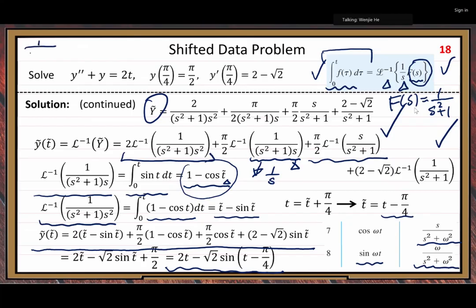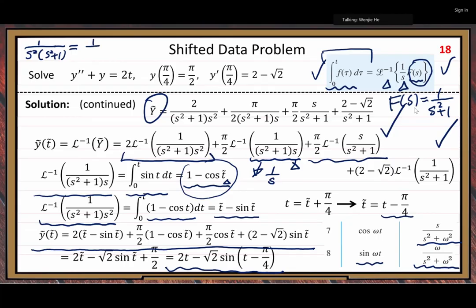Here, if I write it this way, s squared times s squared plus 1, we need to decompose this fraction. You know partial fraction, but here it is so simple. We don't need the standard partial fraction method. We can use some shortcut, use our observation, so we can decompose it quickly.